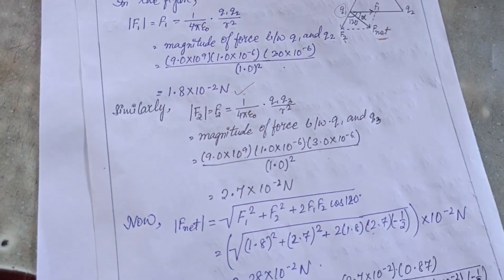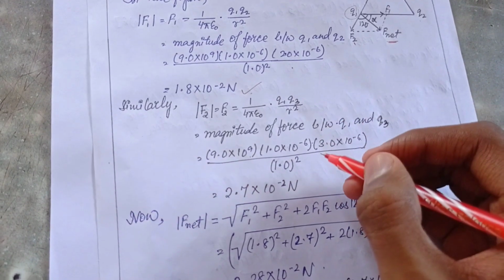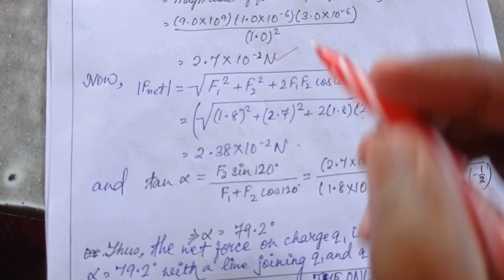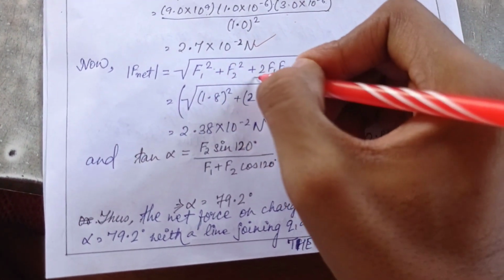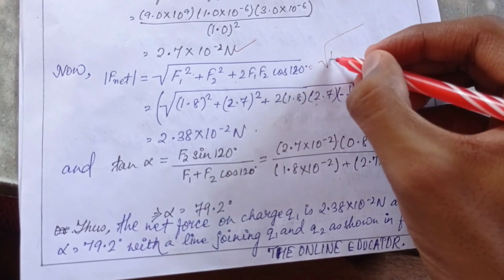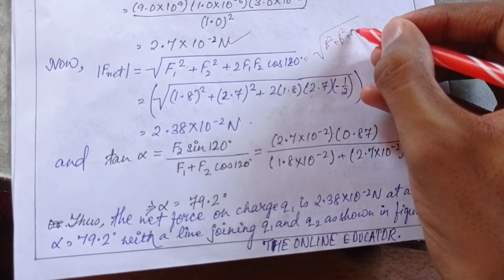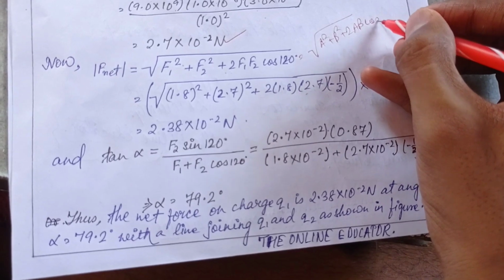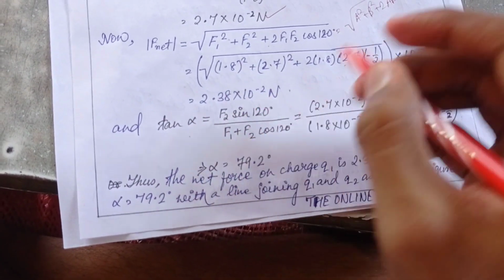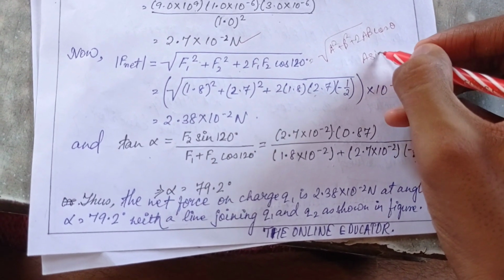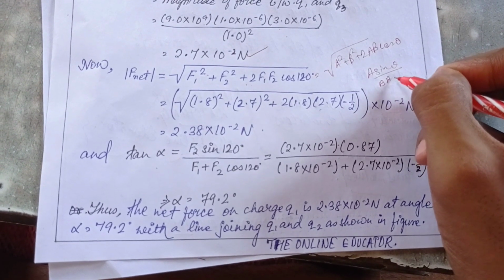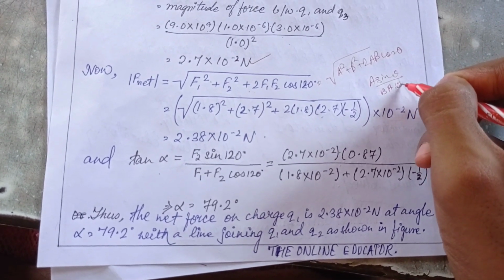Remember? So we took out F2 similarly, and then we take out F net, which is the square root of F1 square plus F2 square plus 2 F1 F2 cos theta, the formula we had: a square plus b square plus 2ab cos theta. Then tan alpha equals a sin theta by b plus a cos theta.